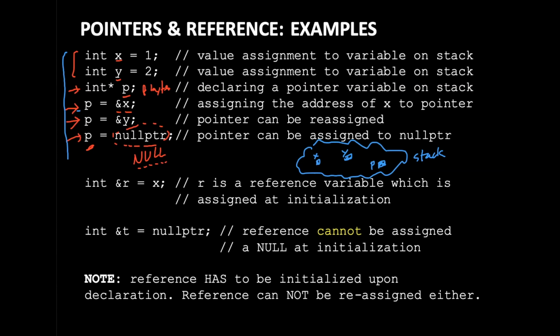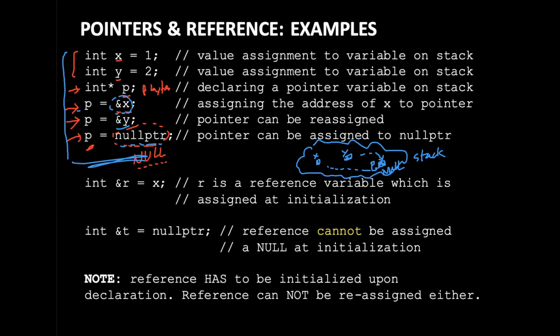That value is the address of x. So whatever that address is becomes the value of p. And then we assign the address of y to p, overriding the previous value, which is the address of x. After all is said and done, we nullify everything, assigning a null value to p, nullptr.